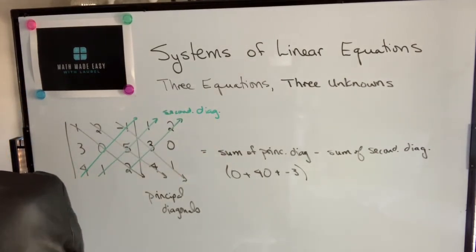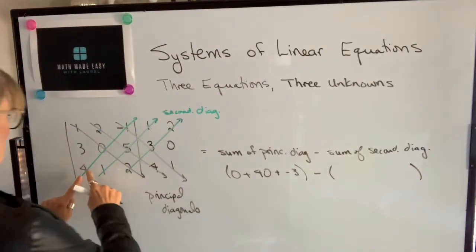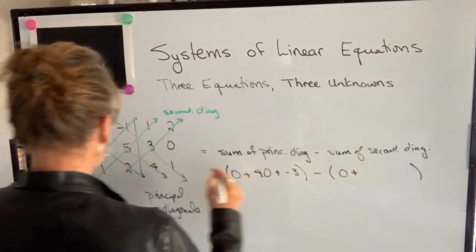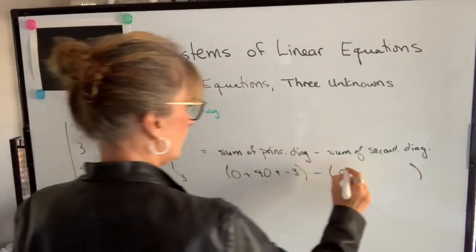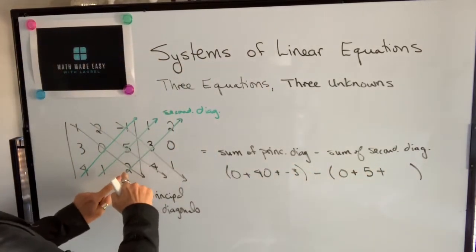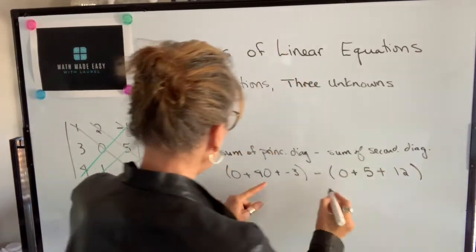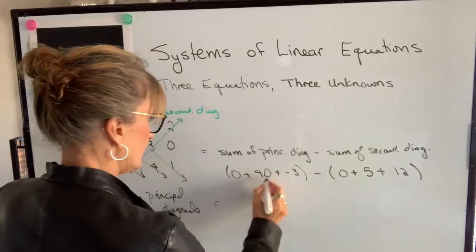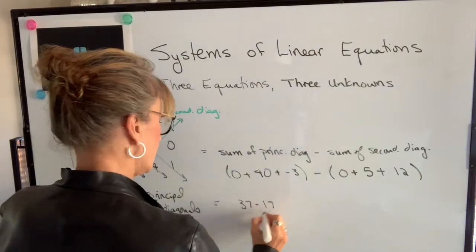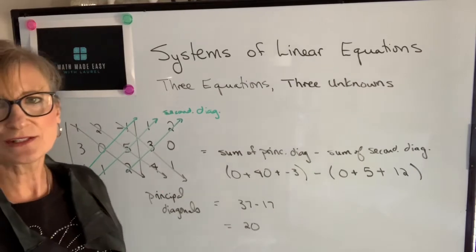And we have 4 times 0 times -1, plus 1 times 5 times 1, plus 2 times 3 times 2, and now we just evaluate that. So we have 37 minus 17. So the value of this determinant is 20.